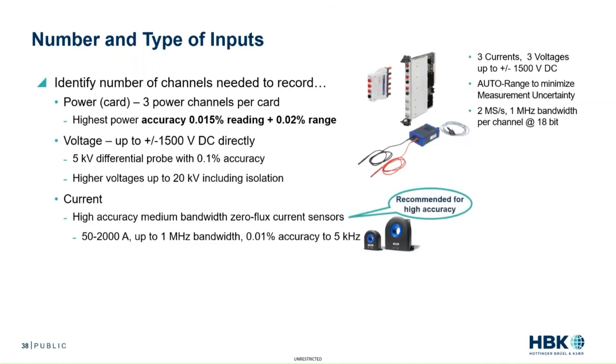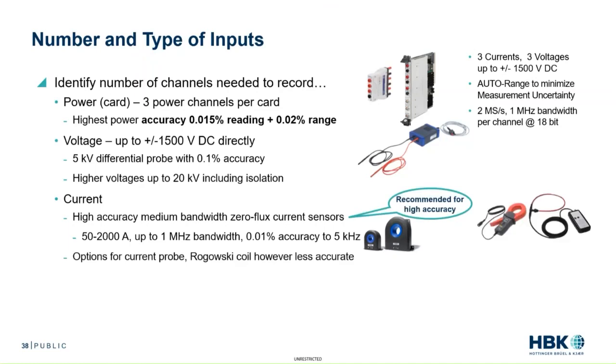They're recommended for high accuracy measurements. Otherwise, you want the alternative option of a current probe, maybe a Rogowski coil. Even though that's less accurate, they come in handy when bandwidth is more important than accuracy, or you don't necessarily have any room for a CT for that particular measurement.